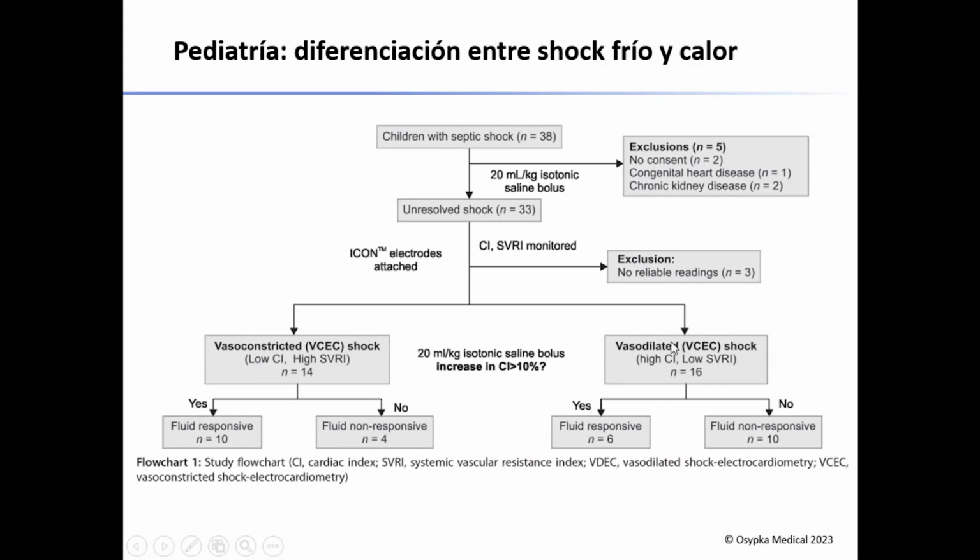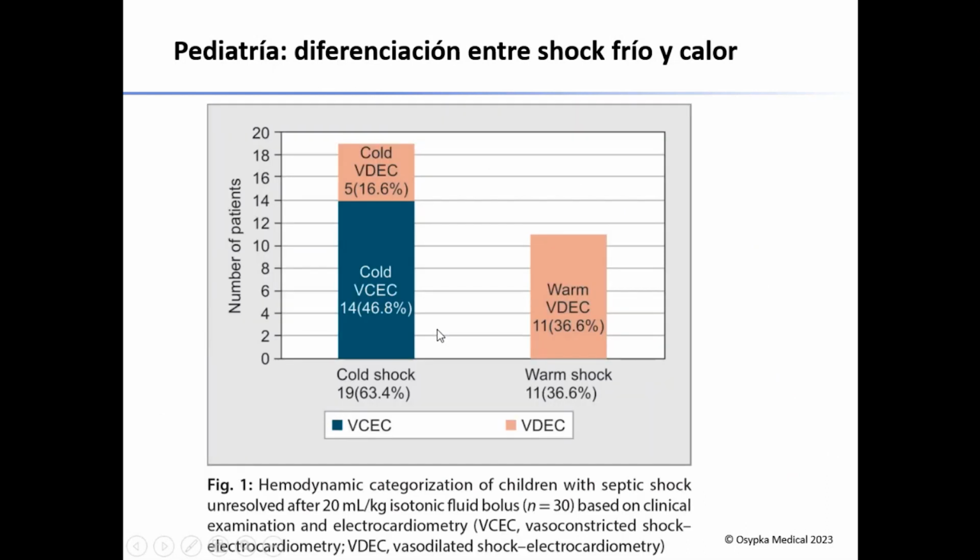On the patients with a high cardiac index and low resistance, called vasodilated, we had 6 patients which were fluid responsive and 10 patients not being fluid responsive. And when you put this into a graph, the usual differentiation between cold shock and warm shock really didn't help much.